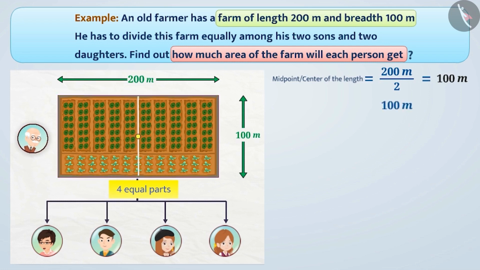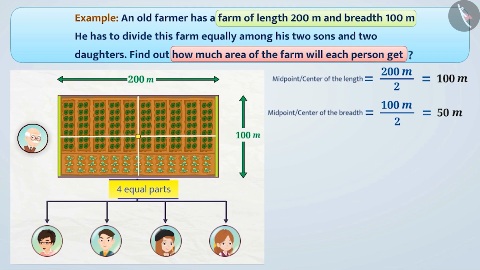Similarly, when we divide the breadth by 2, we obtain the midpoint of the breadth at 100 meter by 2 is equal to 50 meter from the sides. Now, if we join the midpoint of the opposite sides, with the help of both line segments, we will be able to divide the farm into 4 equal parts.